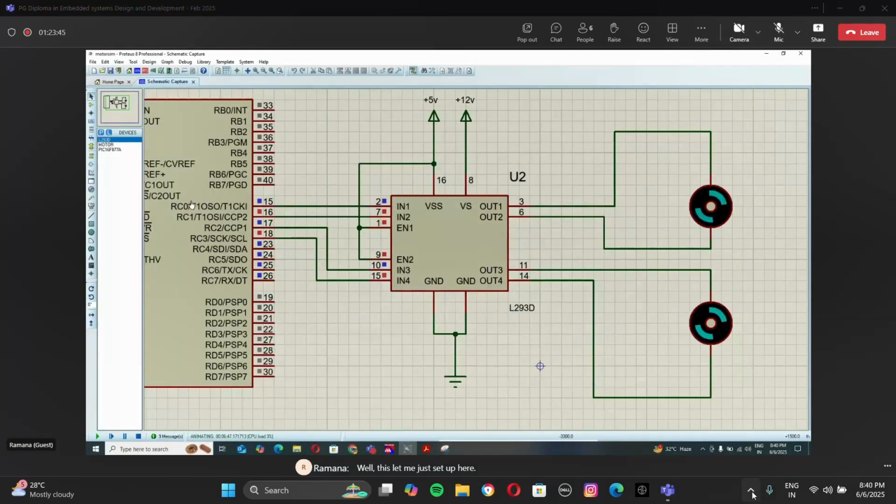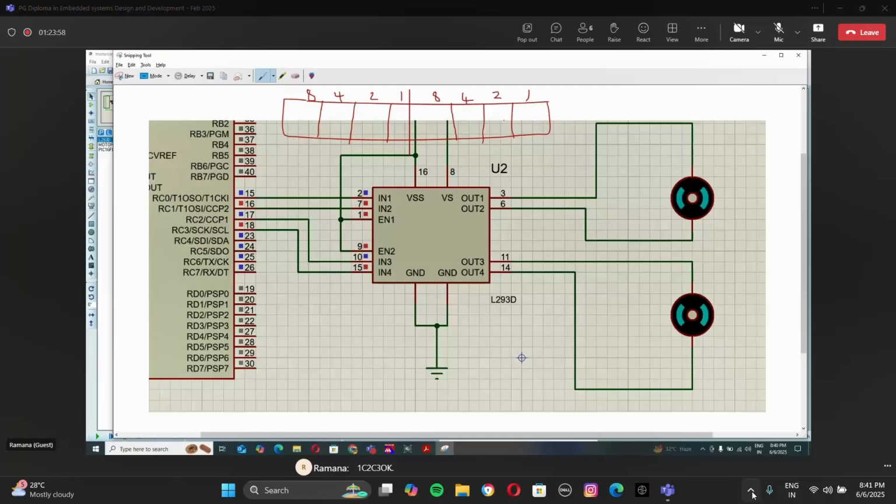In this C port, we are using only C0, C1, C2, C3. Okay. So for input we have to give 1010. The remaining we are not using. Okay. We are using only this port.